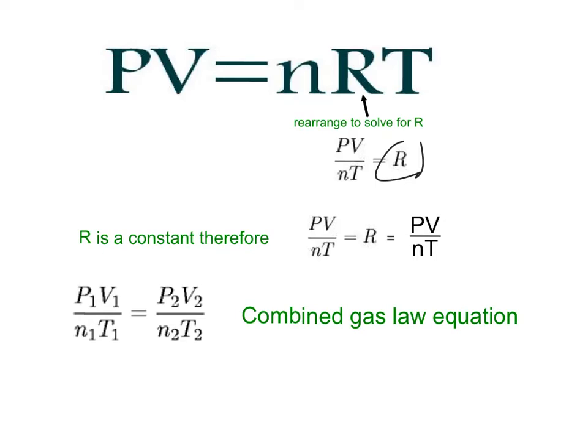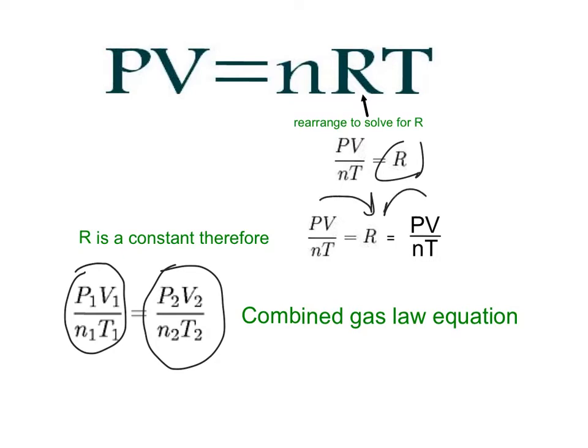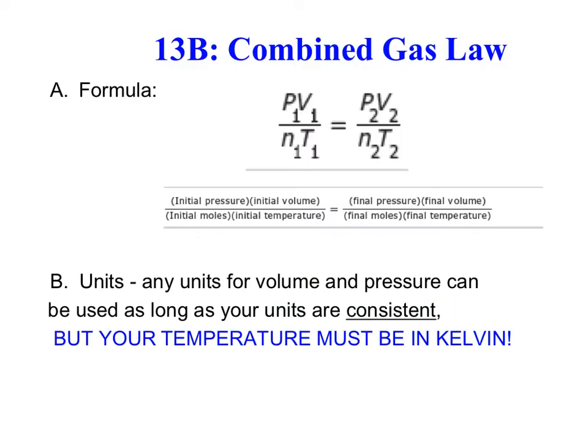In other words, a set of conditions before must equal a new set of conditions because they both have to go through R. So that is essentially the start of 13b, the combined gas law: P1 times V1 over n1T1 equals P2V2 over n2T2. In other words, your set of initial conditions, your starting conditions, must equal your set of final conditions.